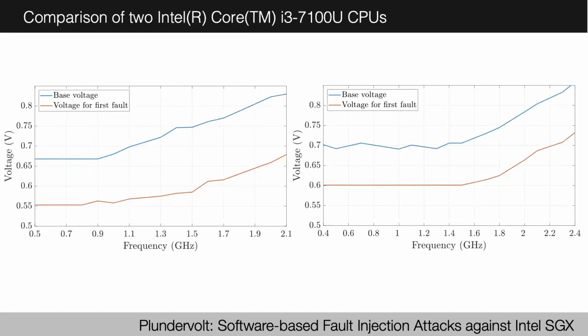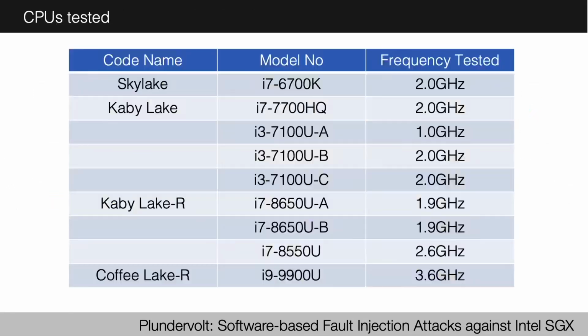As far as we could tell when we bought the i3, they were identical machines, and yet you can see that there's very different operating voltages there. However, we were still able to create faults, and the faults occurred in exactly the same way on both machines. The position of the flipped bits was identical. We continued testing with a huge range of computers, and all the way from Skylake up, we were able to fault everything we found.